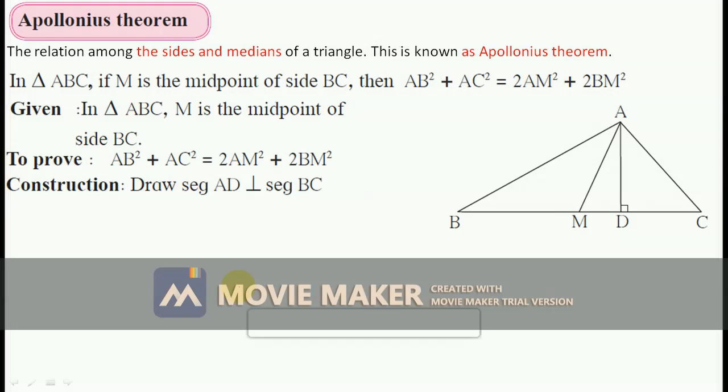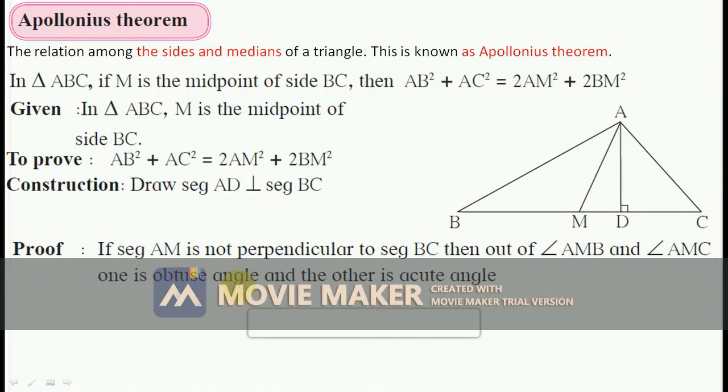Now proof: if segment AM is not perpendicular, if I assume that AM is not perpendicular to segment BC, then out of angle AMB and angle AMC, we talk about these two angles.